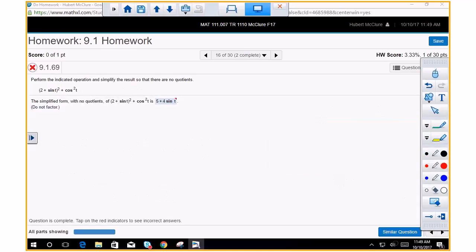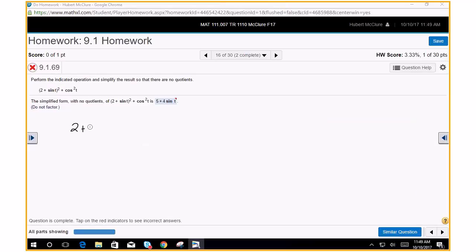All right, now I'm going to try this. This is what I first started to do. 2 plus sine squared. No, can't do shortcut number 4 because of that. Or shortcut number 3. I was going to do shortcut number 3, but that has to be a minus symbol, so it won't work any other way.